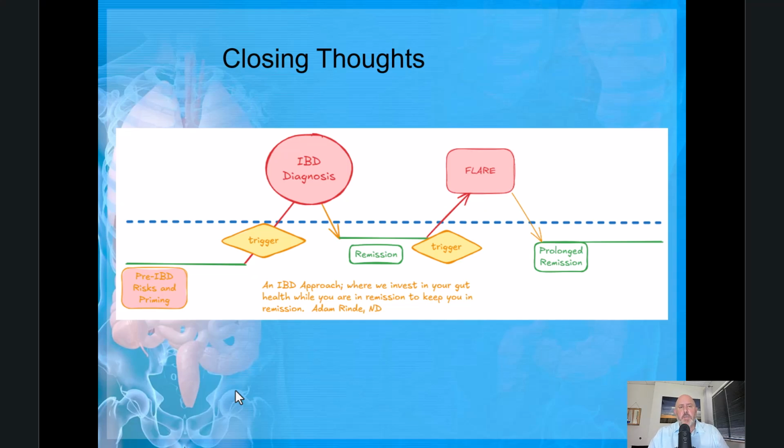Reducing triggers, establishing a healthy small intestinal microbiome, and reducing dysbiosis when in the remission state can only be, in my opinion, a very helpful practice and something that is very worthwhile to focus on. Through that, we can reduce nutrient deficiencies, potentially reduce the use of steroids, potentially reduce flares that don't resolve, that result in surgery, and hopefully it's a way of leading to prolonged remission.